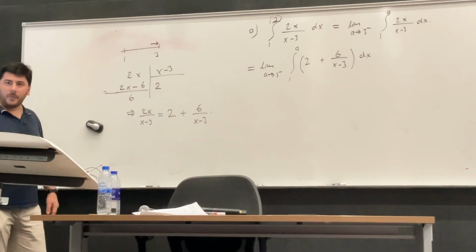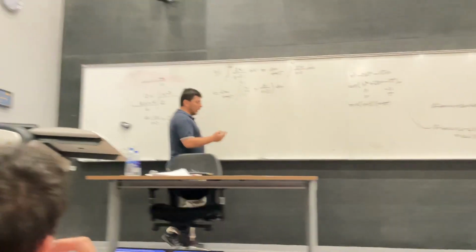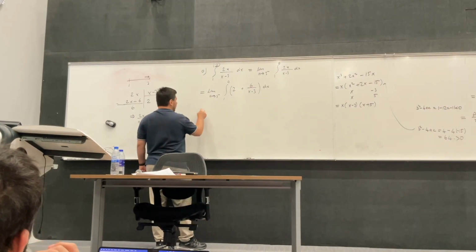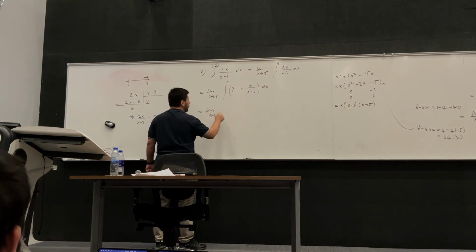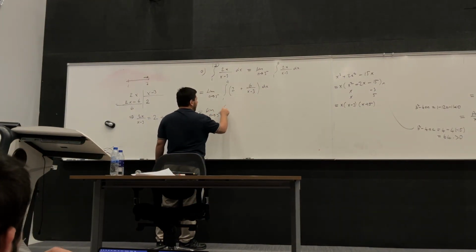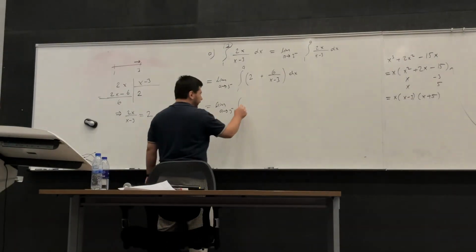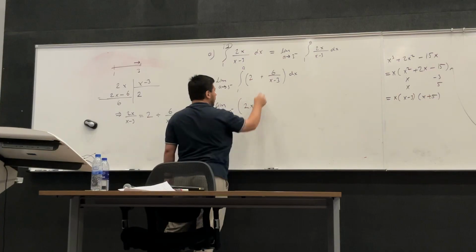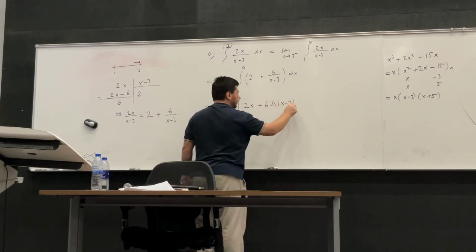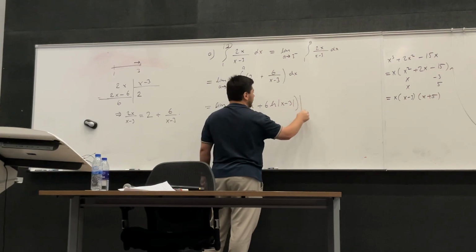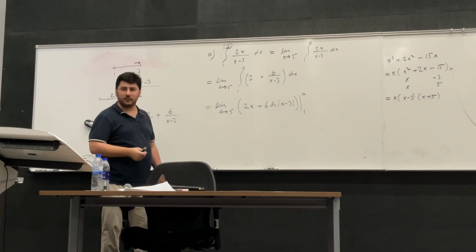So in this version, the question becomes much easier. It is the limit as a goes to 3 from the negative side. What's the integral of 2? 2x, very good. What's the integral of 6 over x minus 3?